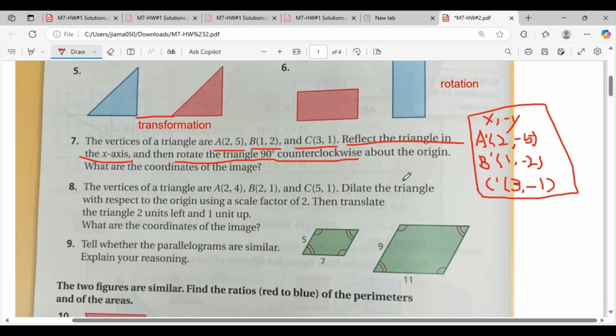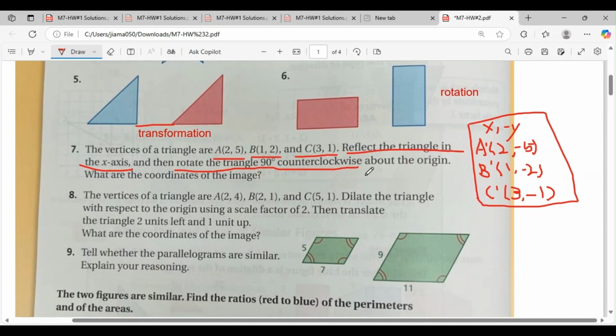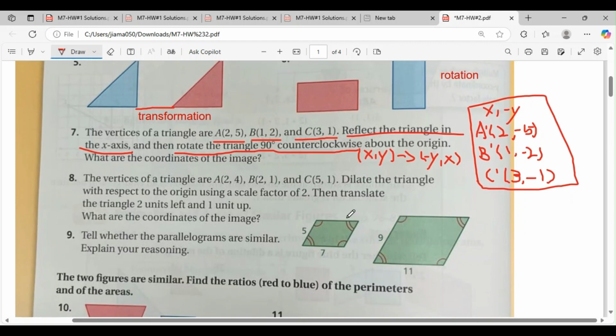Okay, let's see the rotation rule. This is the original one, (x, y), so this will become (-y, x). So this is the rule of rotation. Okay, let's try it.